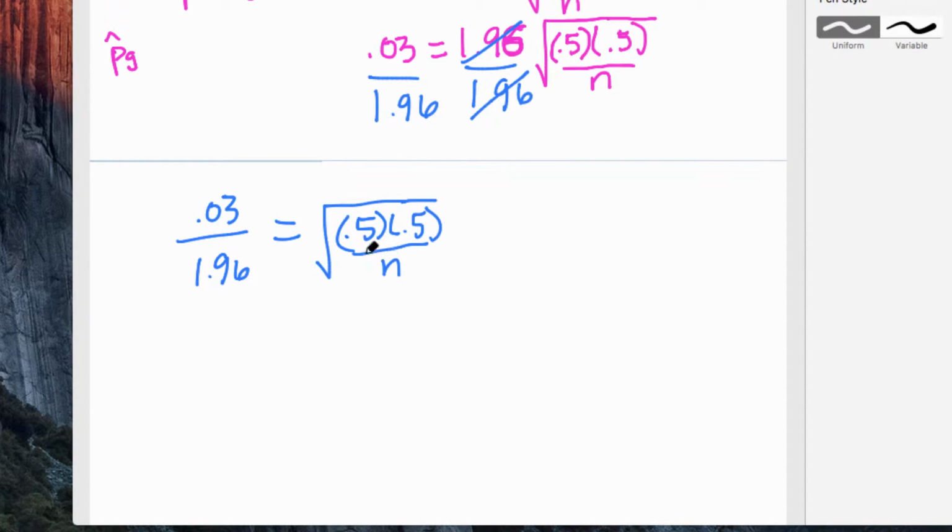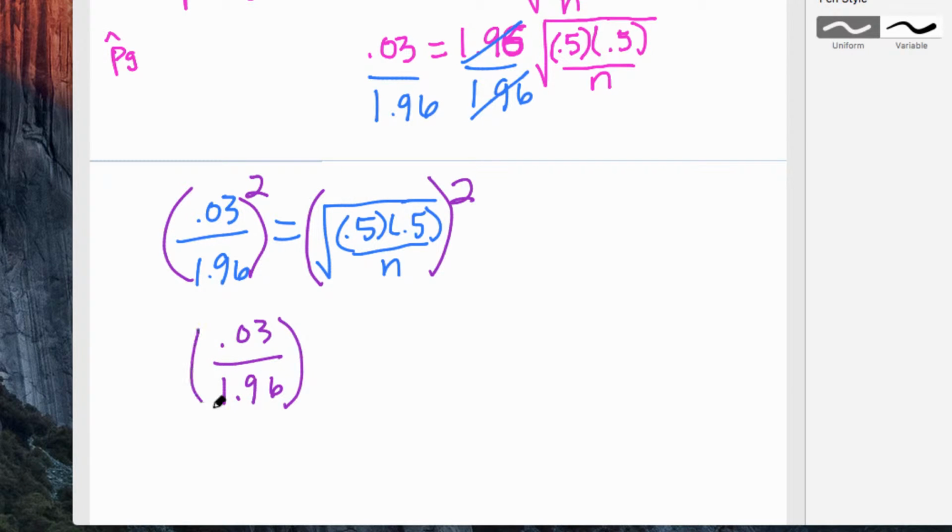Okay, so I'm still trying to solve for n. I notice that I have a square root here, so I'm going to square the entire quantity to get rid of that square root. That means I'm also going to square the other side. So I get 0.03 divided by 1.96, quantity squared, equals 0.5 times 0.5 divided by n.